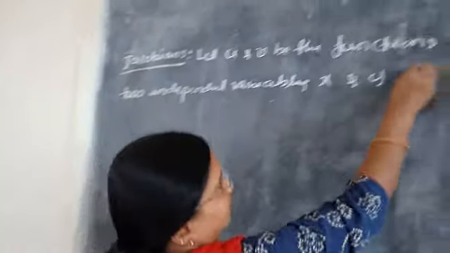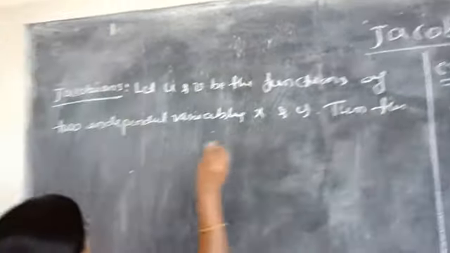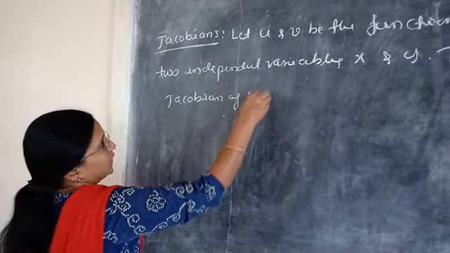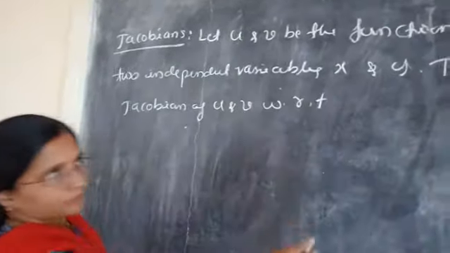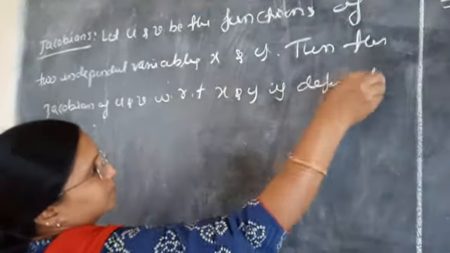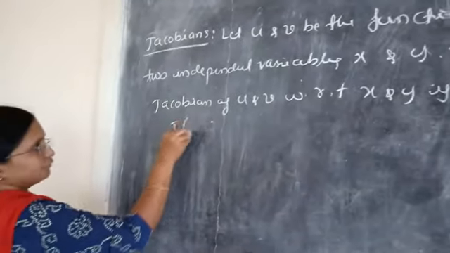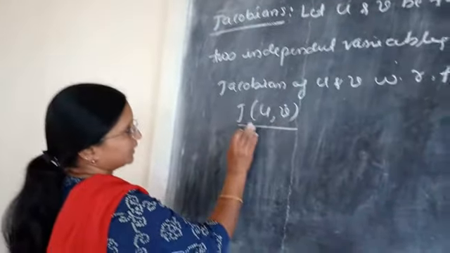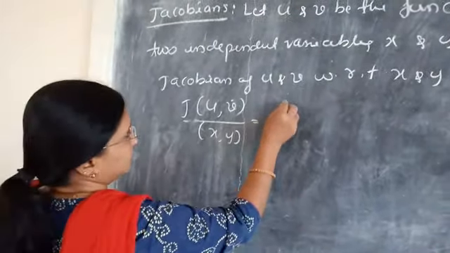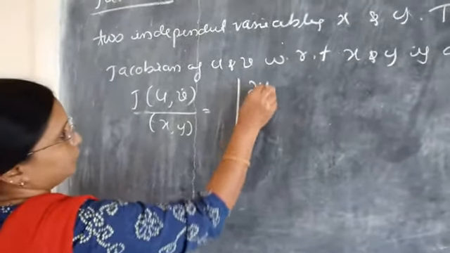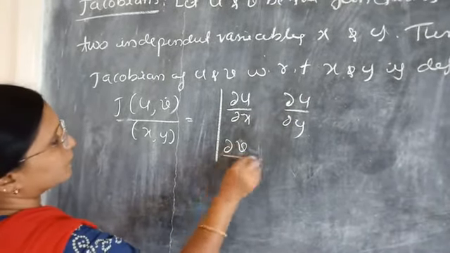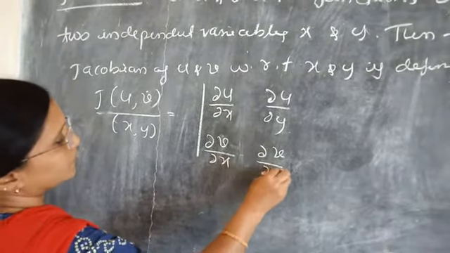Then the Jacobian of u and v with respect to x and y is defined as J of u, v divided by x, y, which is equal to the determinant of dou u by dou x, dou u by dou y, dou v by dou x and dou v by dou y.